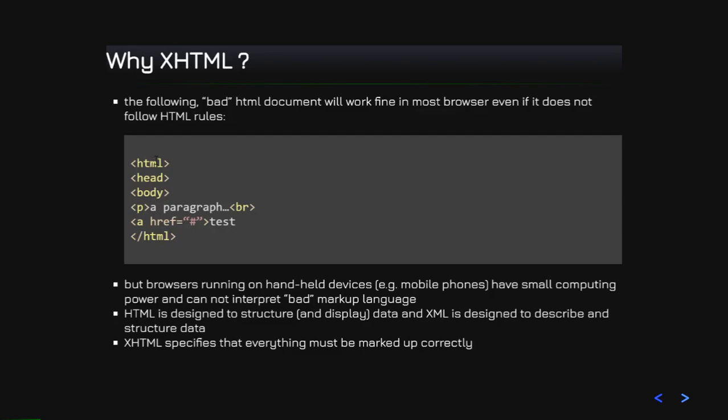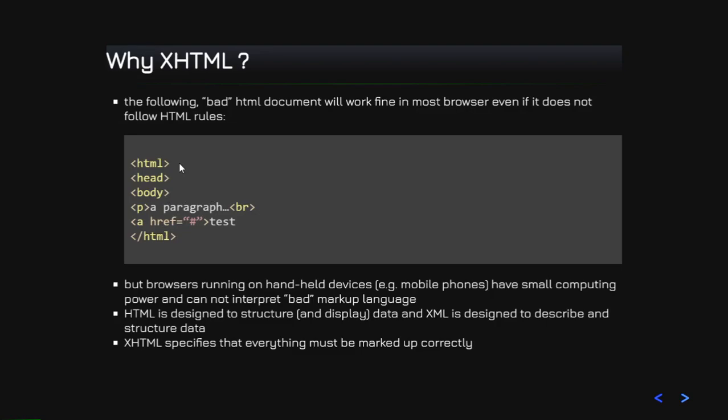But as you've already seen, the browser is quite friendly, and even if the HTML document is not specified correctly, the browser tries its best to interpret what the writer of the document intended and display something on the screen. For example, this bad document will work fine in most browsers, even if it doesn't follow strict HTML rules.